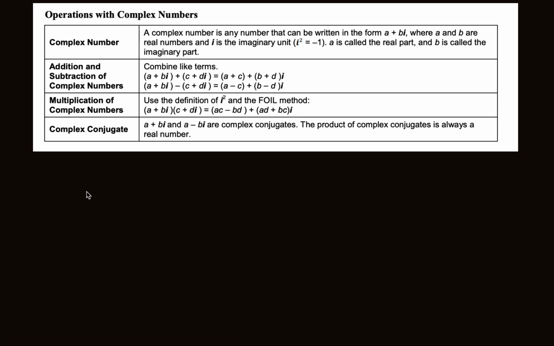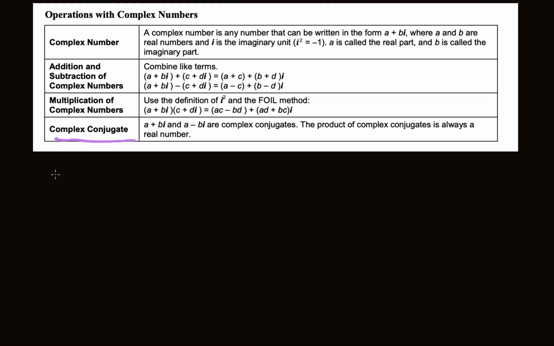Division is probably the most difficult part because of this guy right here. Understanding the complex conjugate is probably the most difficult part of this whole thing.